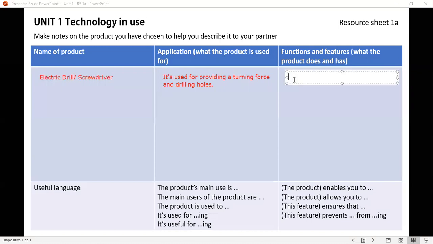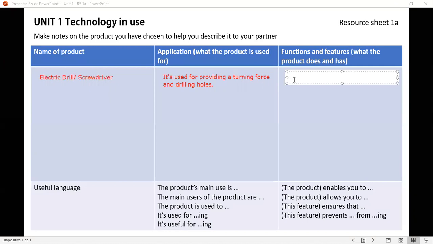So I think, okay, what does an electric drill do, or what does an electric drill have, I mean, the product or stuff like that, the parts of them. So let's think about the parts of the drill maybe, or the features.